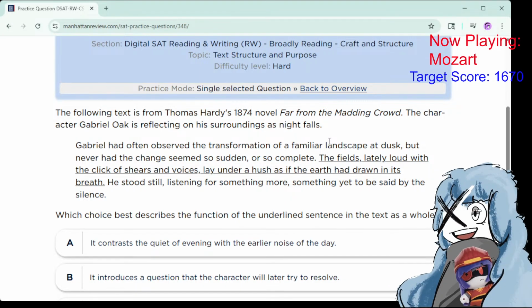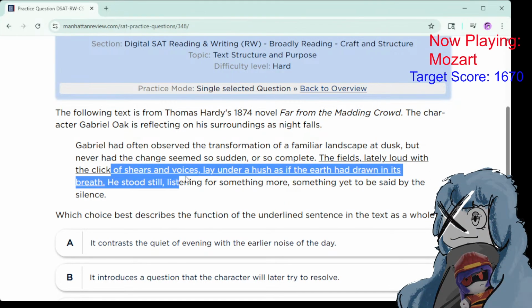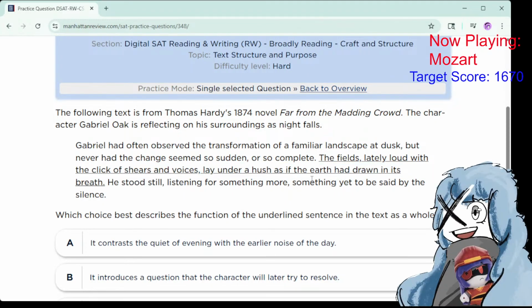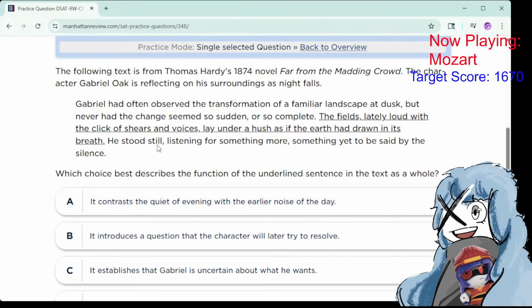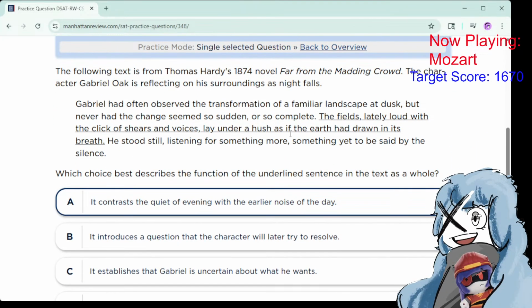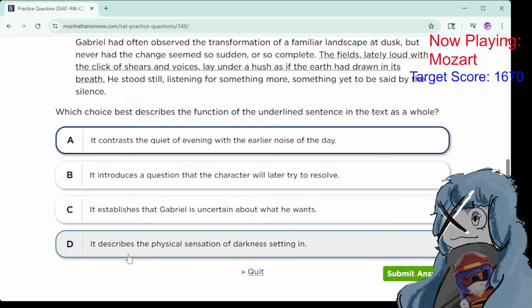So basically, before, they were pretty loud, filled with clicks, but now it's very quiet, as if the earth had drawn in its breath. Yeah, it contrasts the quiet evening with the earlier noise of the day. Introduces a question, establishes a certain response.